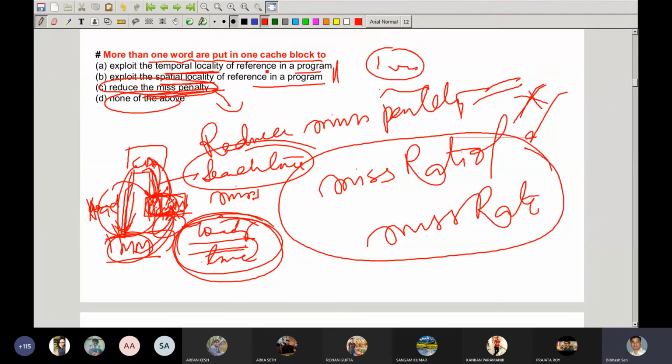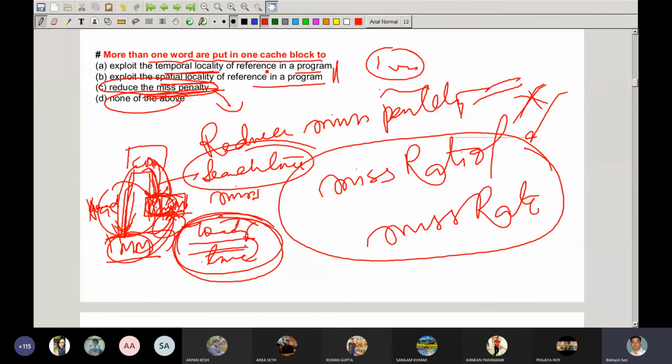Students are always confused between miss ratio and miss penalty. Penalty means you are being penalized, so latency increases. Miss ratio is just a numerical figure, while miss penalty counts the latency: the additional latency required for loading data from main memory to cache and for accessing the main memory. Because when it is not found in the cache memory, it will search the main memory.